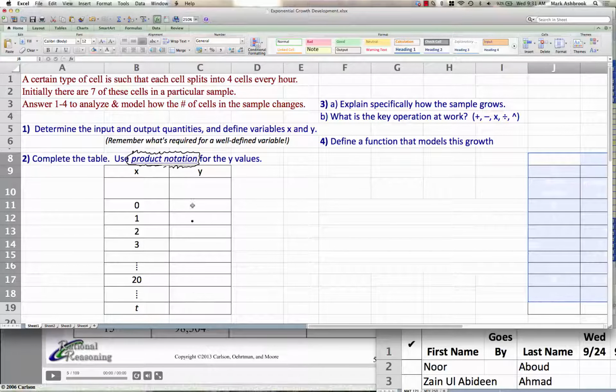So when you start filling in your table, use product notation. Then number 3, explain specifically how the sample grows, what's the key operation, and define the function that models the growth. So you've got a good chunk of work to do. You can work together. Jerome can help you, and I'll take roll. Okay?